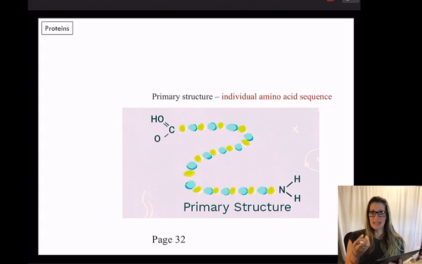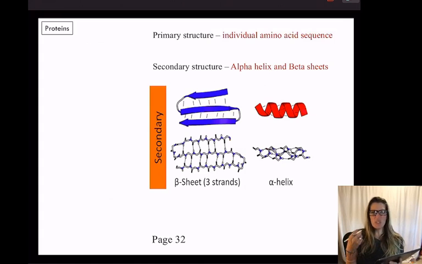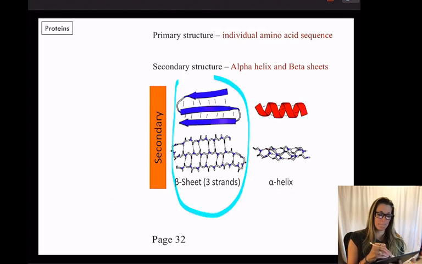Then the body takes that amino acid sequence and folds it up into a secondary structure. That secondary structure can take two forms. It can be a beta sheet, that's this one, or it can be an alpha helix, that's this one.